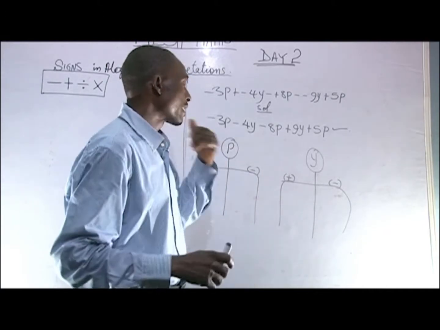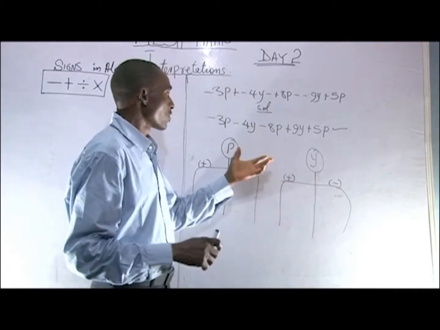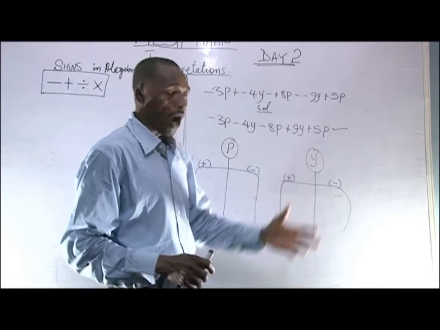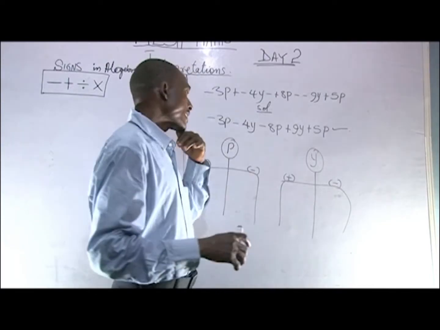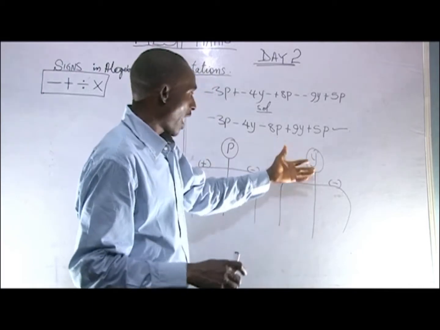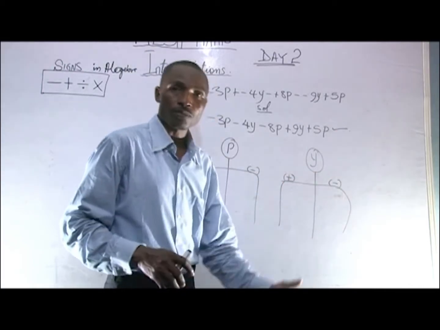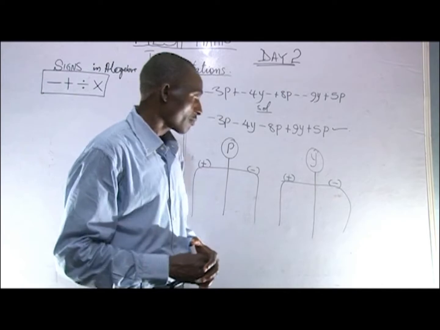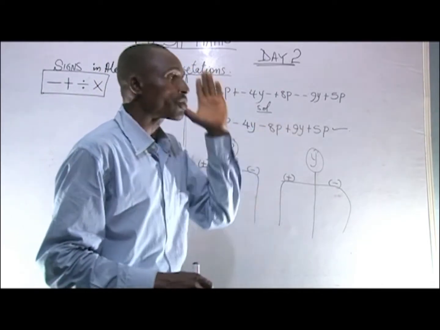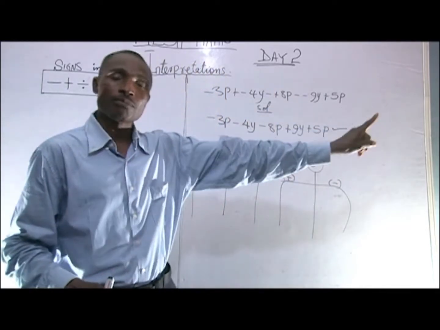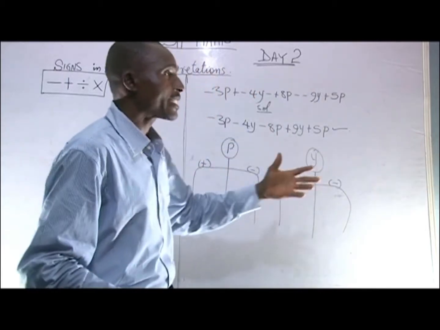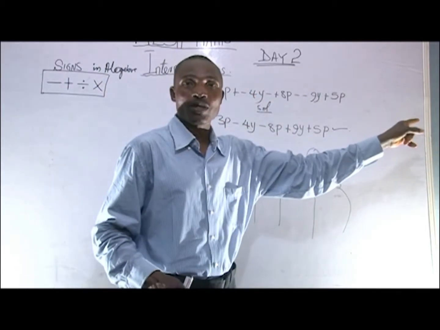So with this, we have represented them: P house and Y house. In each we have a male room and a female room. Any of the students you see outside, drive them to their own apartment based on their houses.